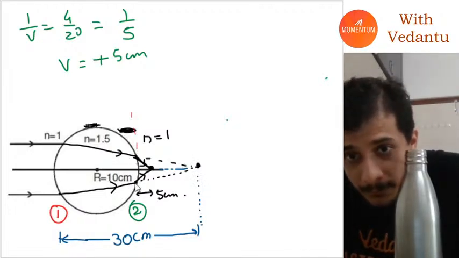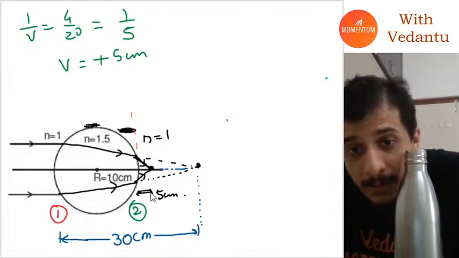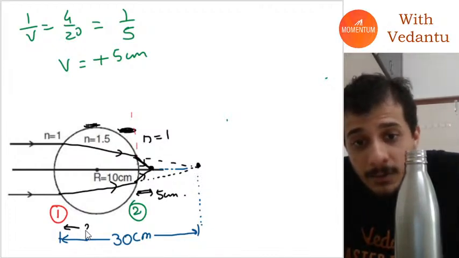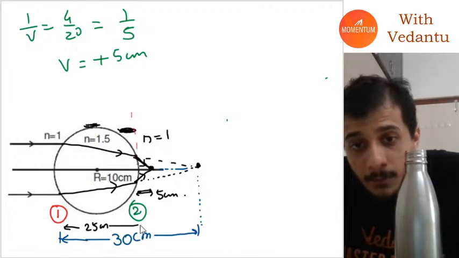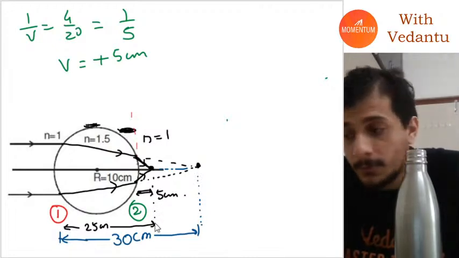But because of refraction here, they will meet now at 5 centimeter from this point. So essentially they will meet at 25 centimeter from the first point.